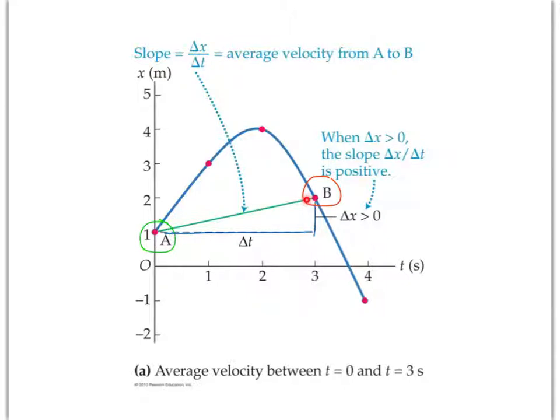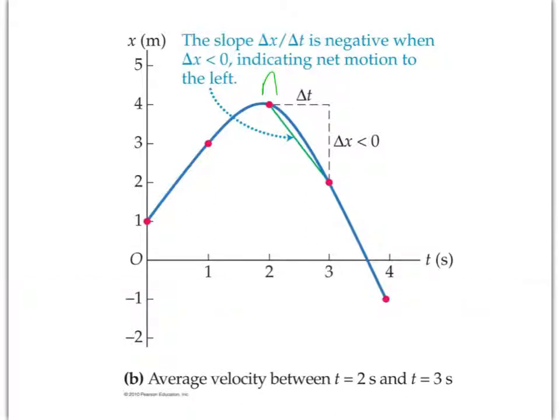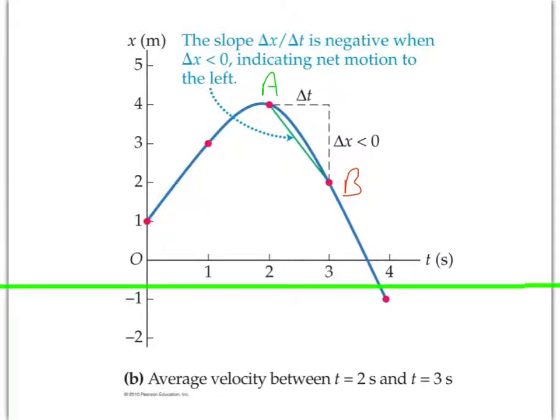Let's look at another two points. What if A were right here and B were down here? If all we care about is those two points, you can see it's a negative slope.